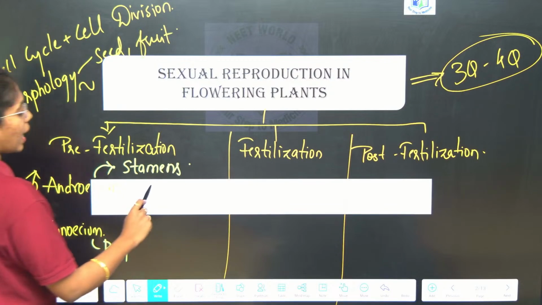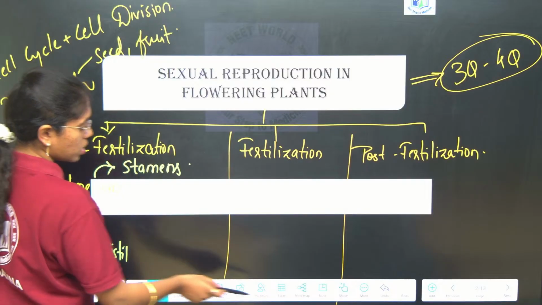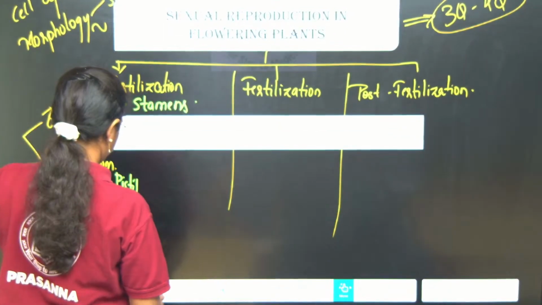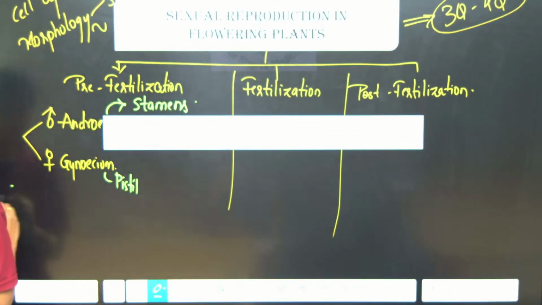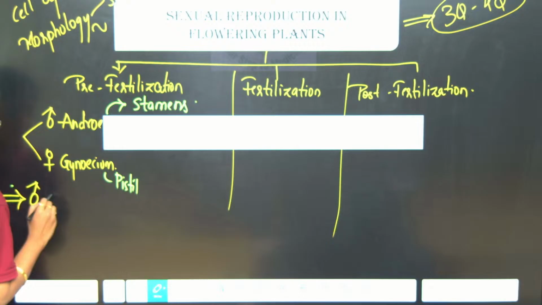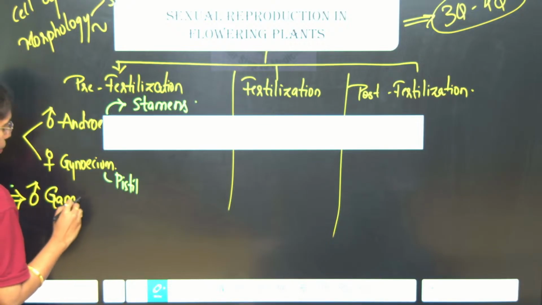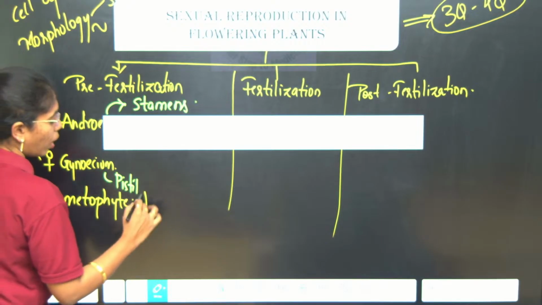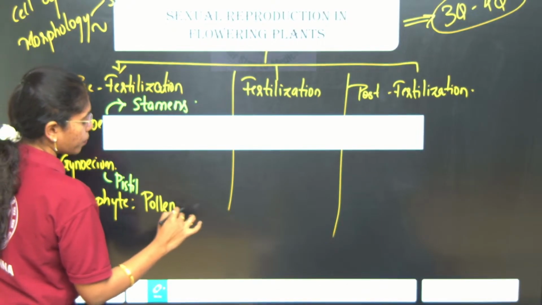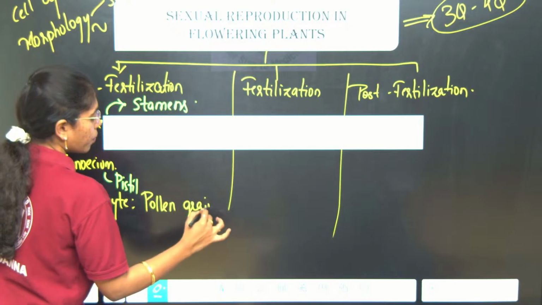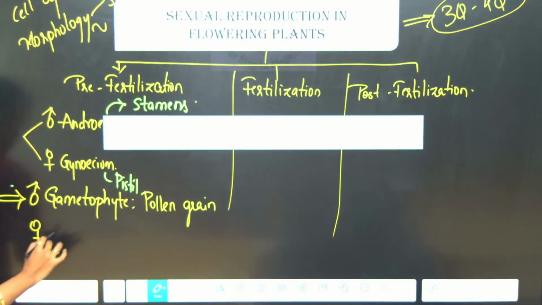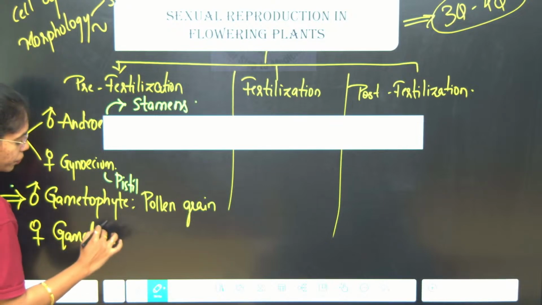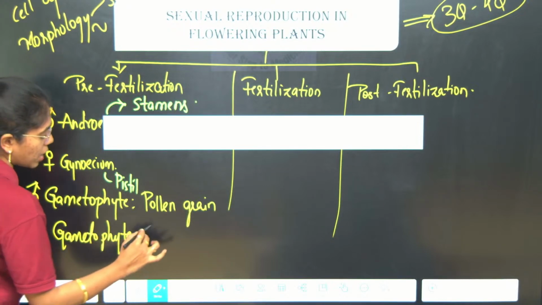What is the male gametophyte of the angiosperm? What is the male gametophyte, beta? Male gametophyte is pollen grain, and female gametophyte is embryo sac.